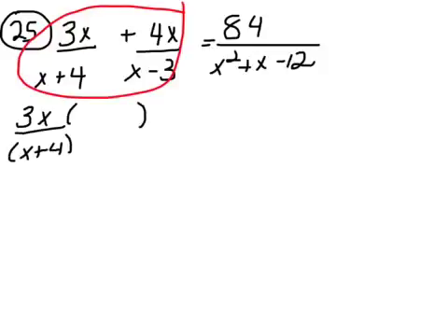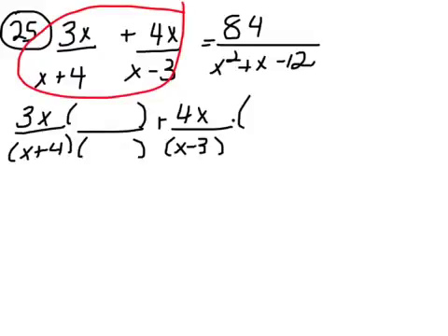So if you look at the denominators, they're not anything in common, right? So basically what I can always do to get a common denominator is the x plus 4 could use the x minus 3 with it, right? But in order to keep an equal fraction, if I do it to the bottom, I got to do it to the top.